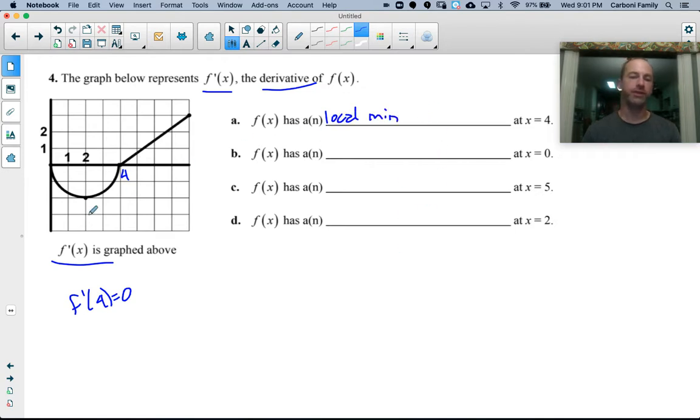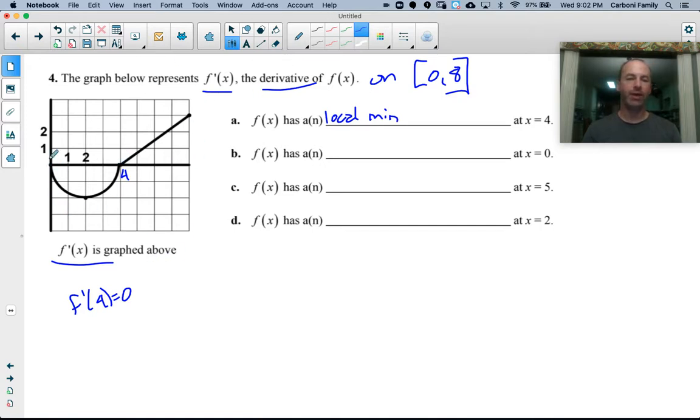Now the question is, is it also an absolute min? And yeah, we can say that on this interval, and I probably should have specified only looking on the interval 0 to 8. So I'm going to add that to this question. We're looking at 0 to 8. And I can see that my derivative is negative and then my derivative is positive.